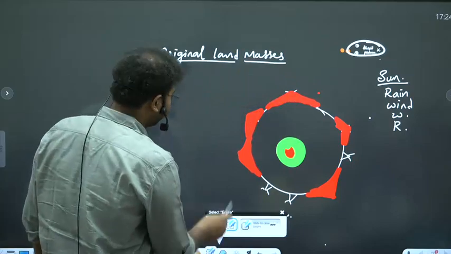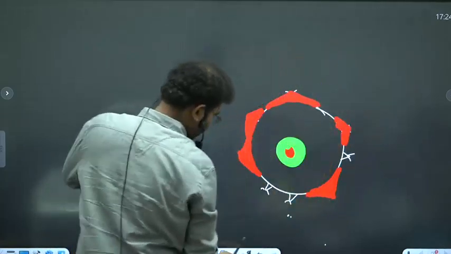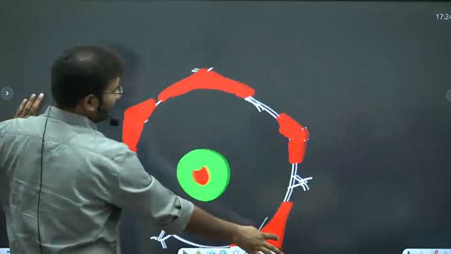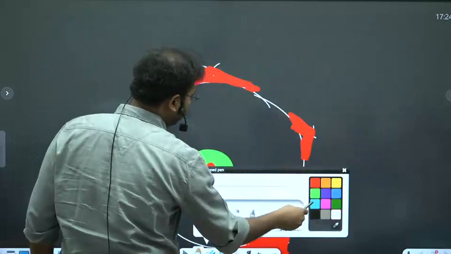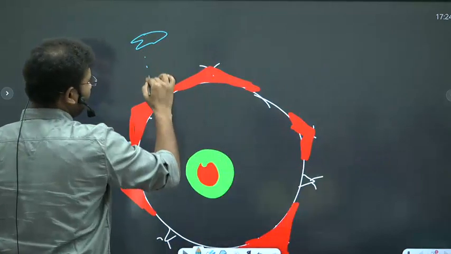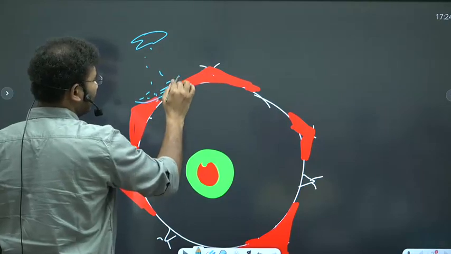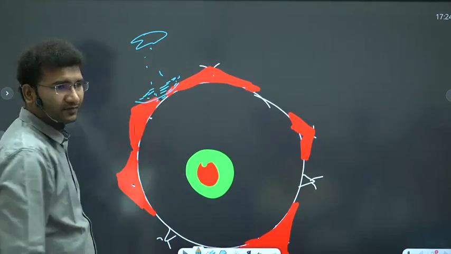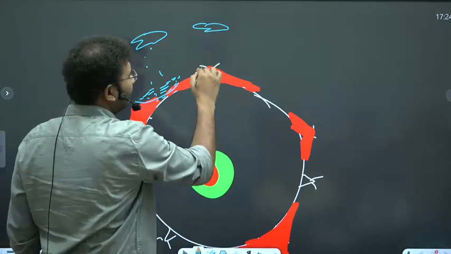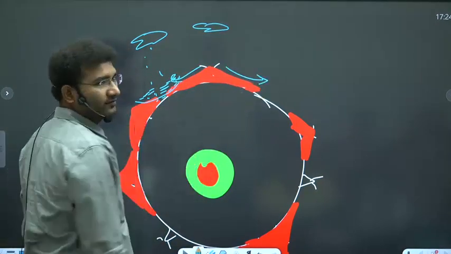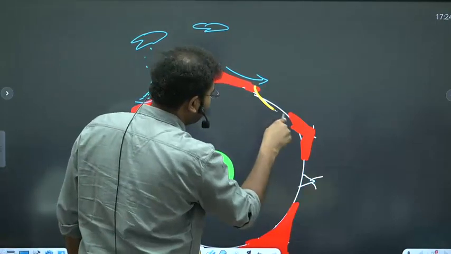Now, just imagine, see, maybe there was rainfall, and this rainfall started to fill these places. This might have become an ocean, right? The rainfall which is formed here, it will also flow in either directions. Now, each of this is called as a geosyncline.